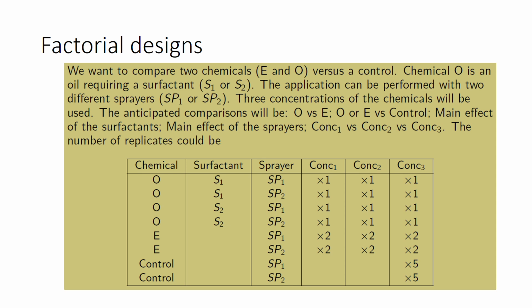So here you have our design. For the control we will use sprayer 1 and sprayer 2, and for the control it only makes sense to have concentration 3, so we will make 5 replications of this combination.